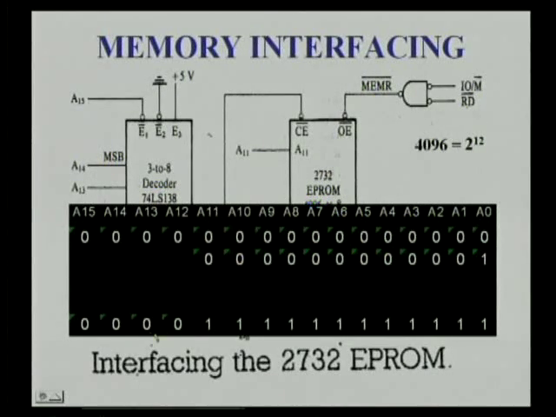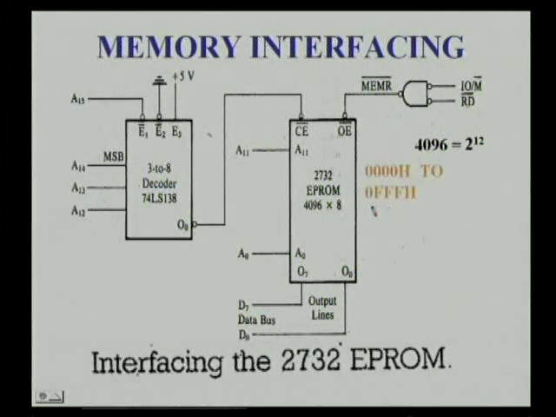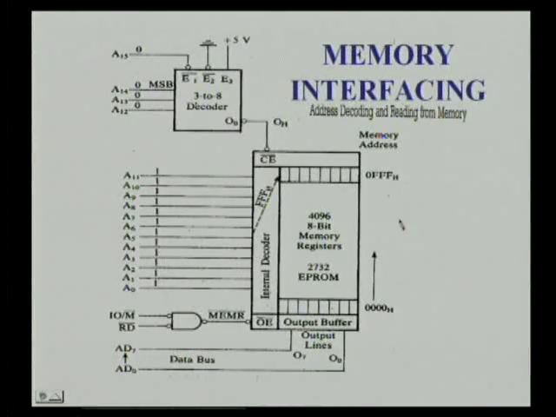So the memory map in this case will start from 0000, where the first nibble is 0, the next nibble is F, the next nibble is F, and the last nibble is also F. So its address map will be 0000 to 0FFF as shown here. Next we see how the same chip, when the particular address 0FFF is placed on the address bus, identifies the memory location.